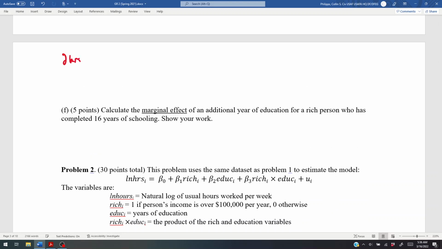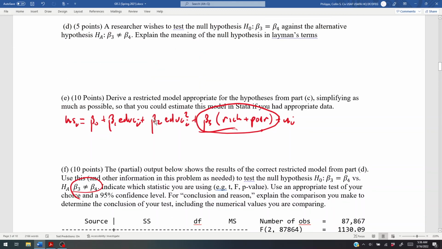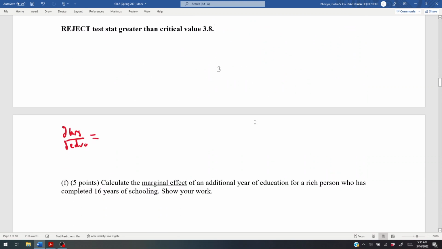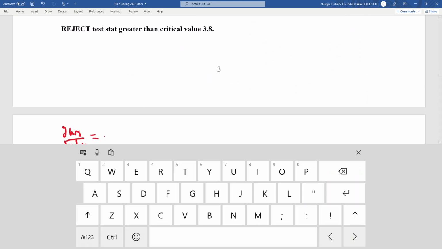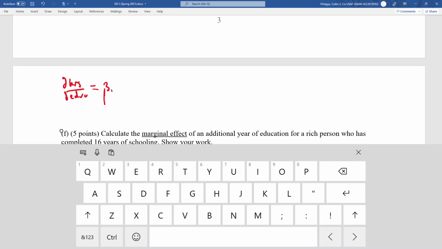So let's see. Derivative of hours with respect to education is going to be derivative of beta 0, right? Remember the model. We've got beta 0, beta 1 education, beta 2 education squared. This is not there anymore. We'll have beta 3 and beta 4 poor, right? So derivative of beta 0 is going to be 0. Derivative of beta 1 education is going to be beta 1.